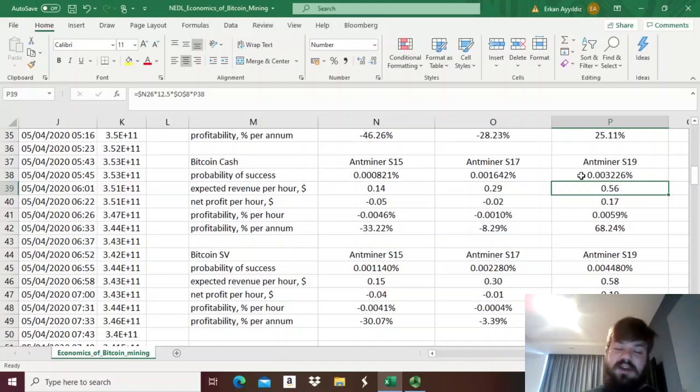This is when a bunch of miners self-organize and basically bring their computational power together and agree that if any one of them is lucky enough to obtain the mining reward, they would share the mining reward among themselves proportionately to the computational power devoted to the mining pool.